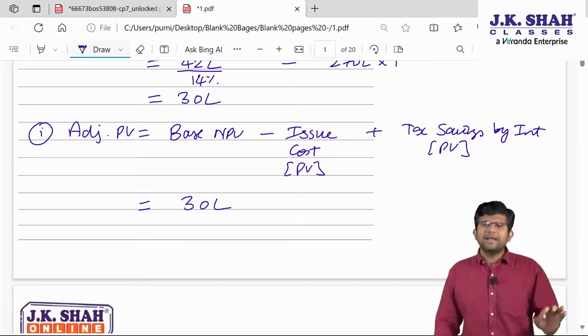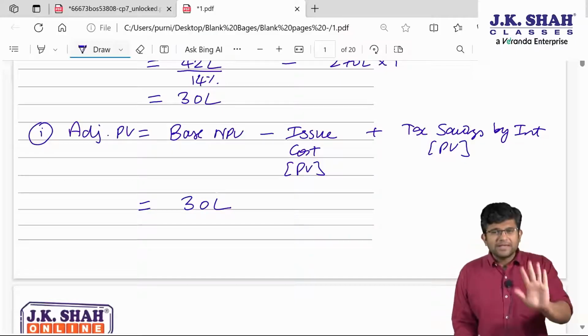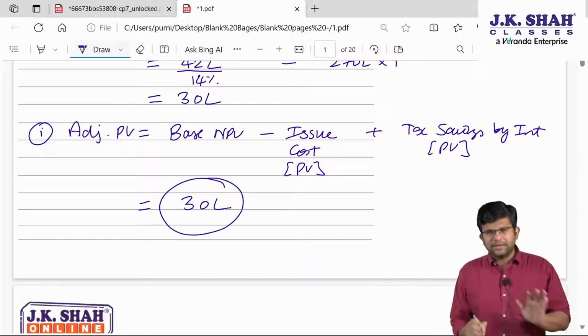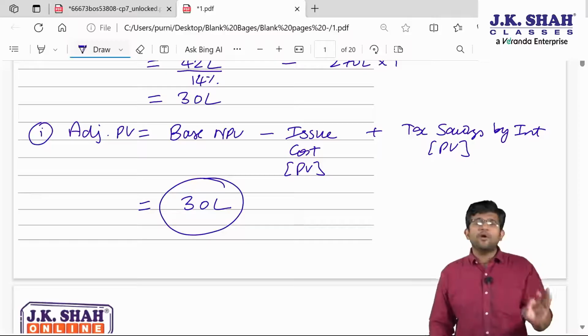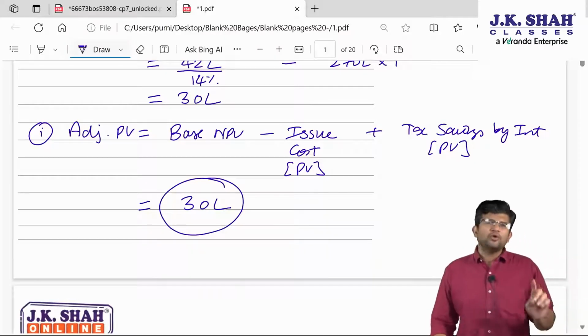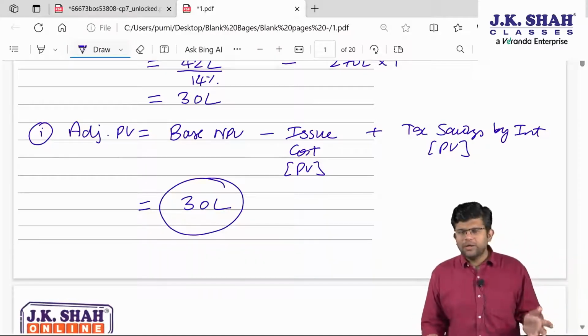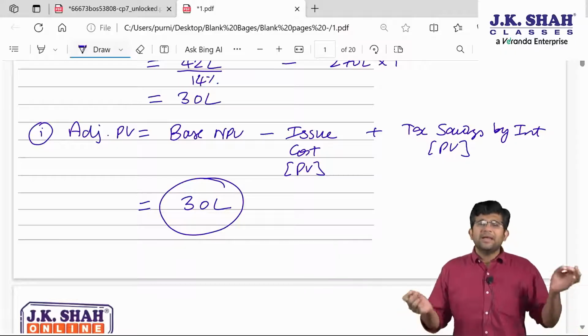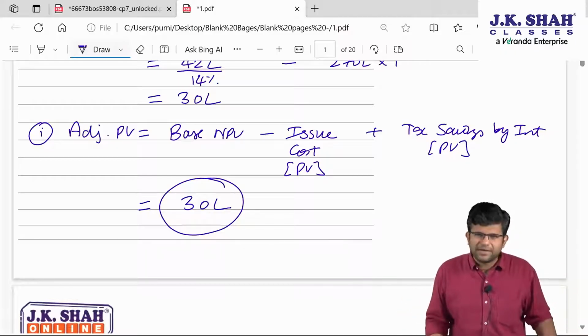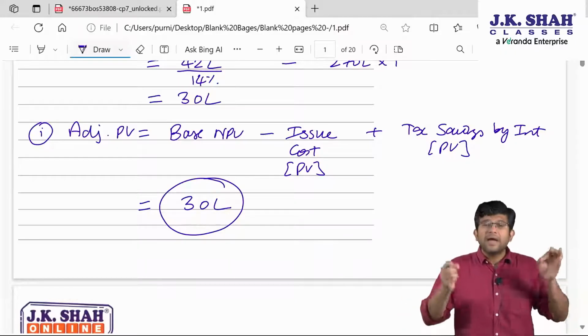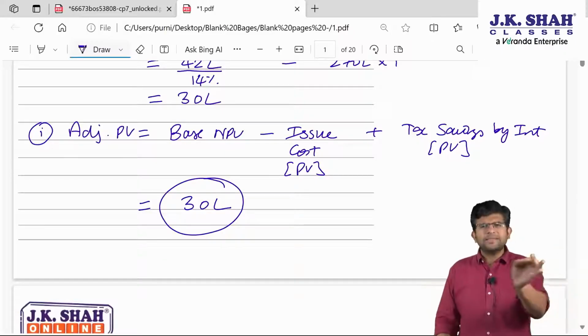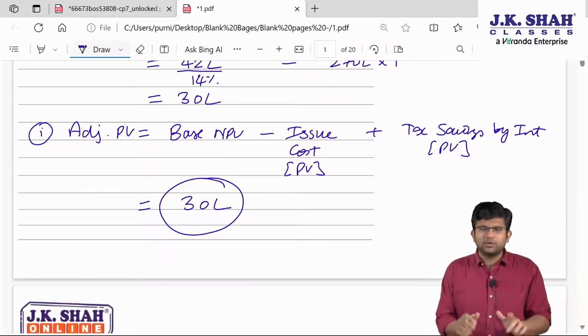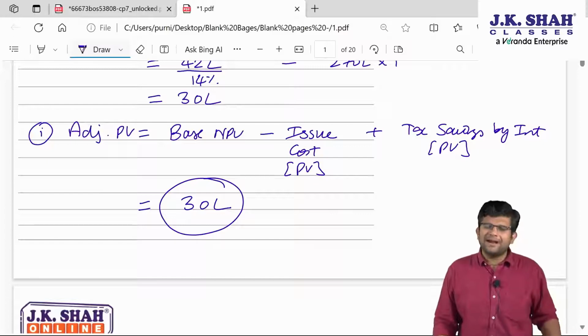So basically, if you are raising money through equity, this is the NPV. Now if you are raising money through debt, do you realize the project is not going to change? Everything will remain same only. Yes, there could be some plus minus that will happen because of the introduction of debt. Only that plus minus you adjust to this 30 lakhs and you get the adjusted NPV.